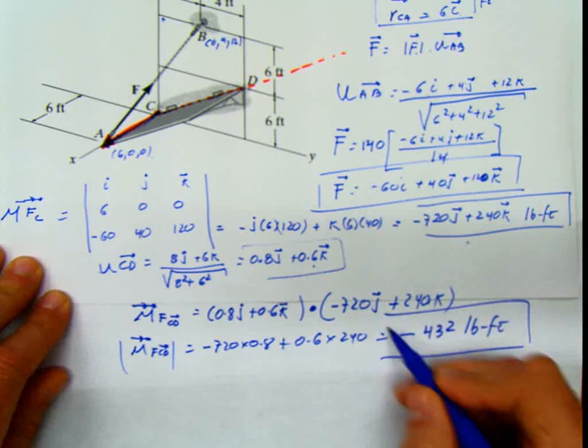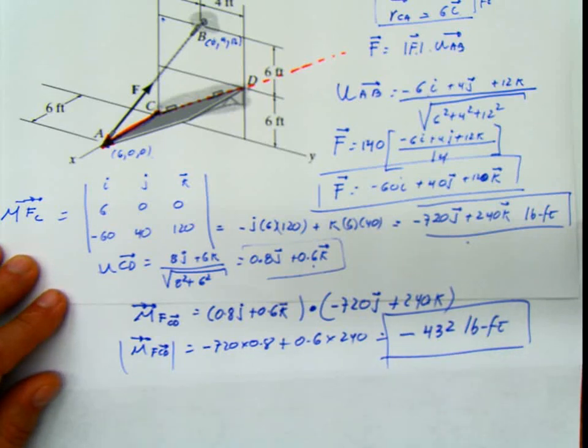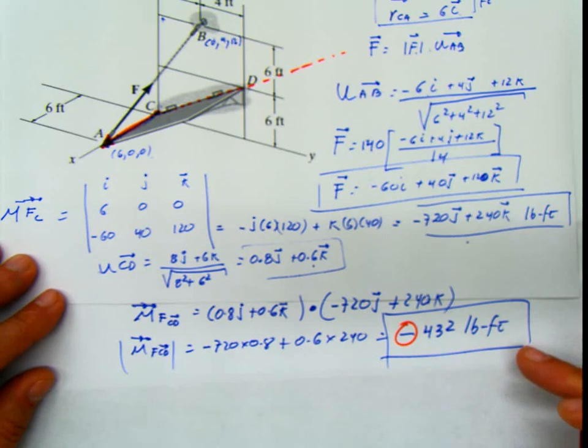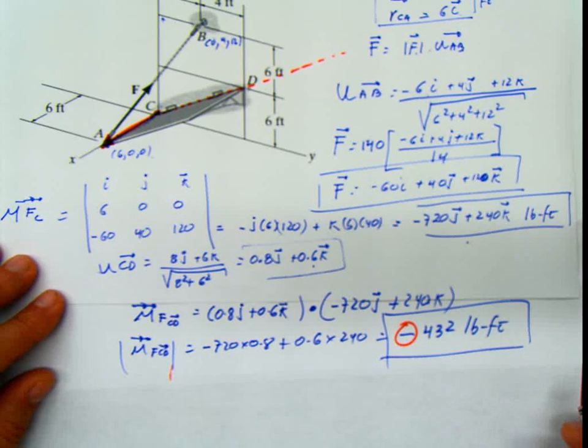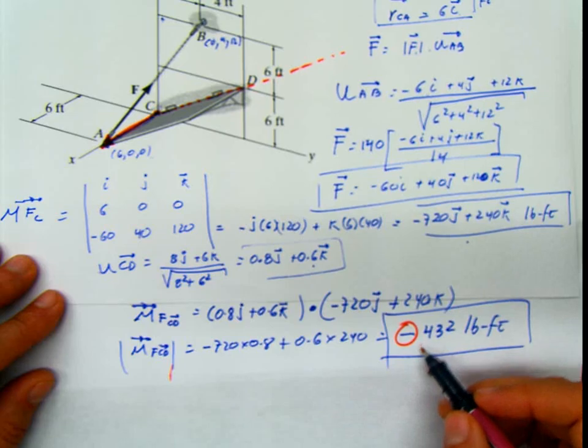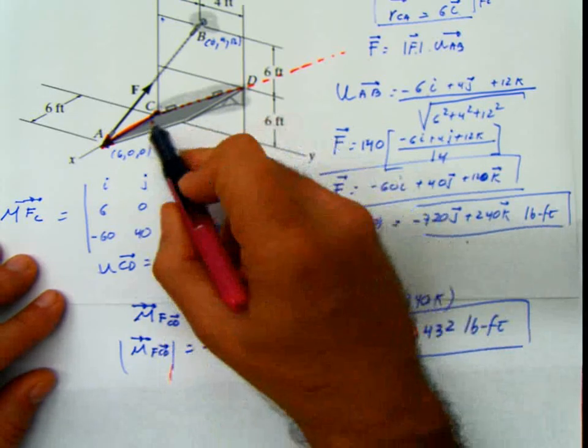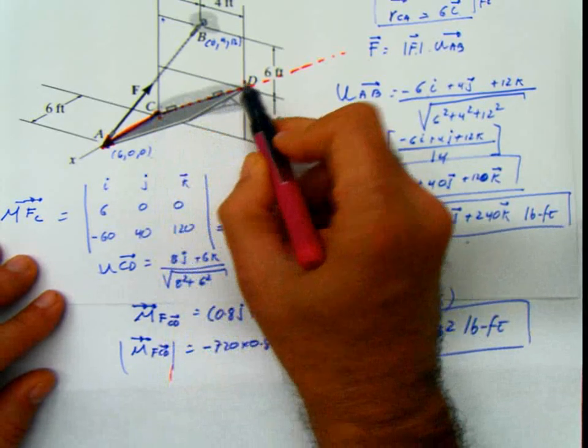This is the result. Now, what does this negative sign mean physically regarding this value? Because I say magnitude, right? Negative magnitude sounds kind of weird. But what this negative value is telling me is that I calculated with respect to the vector CD.